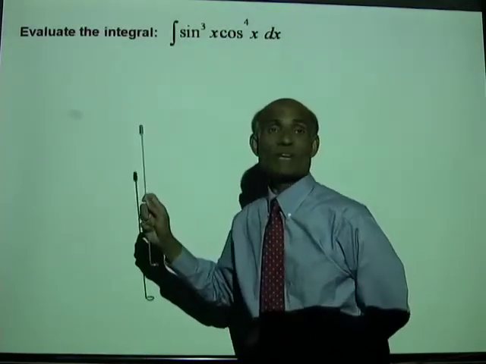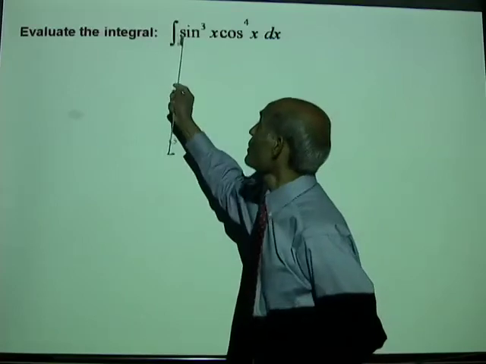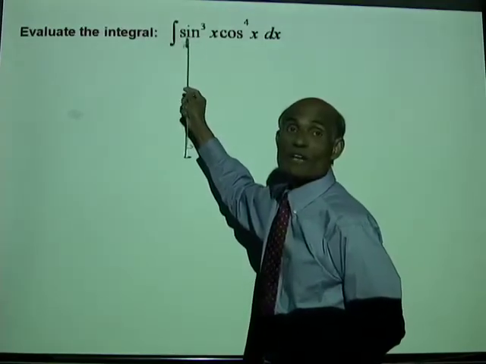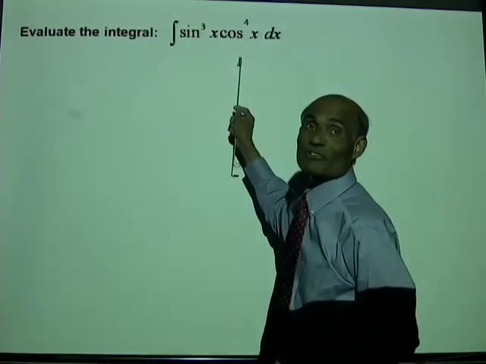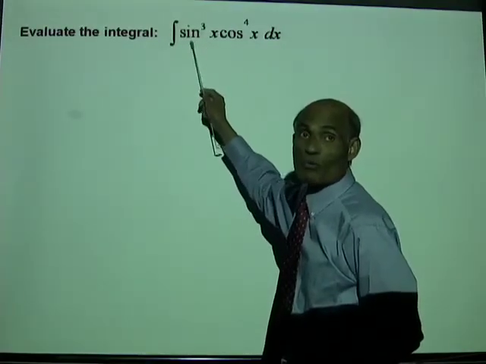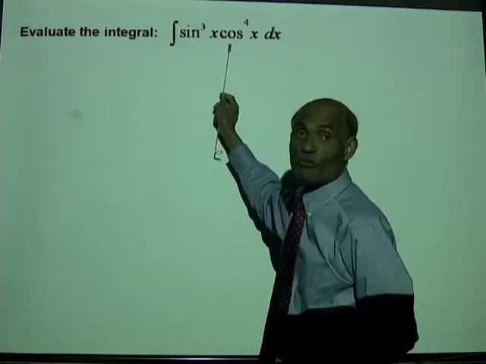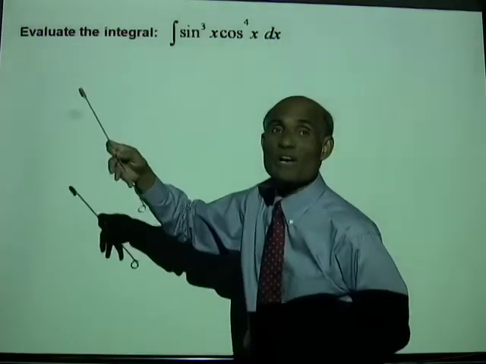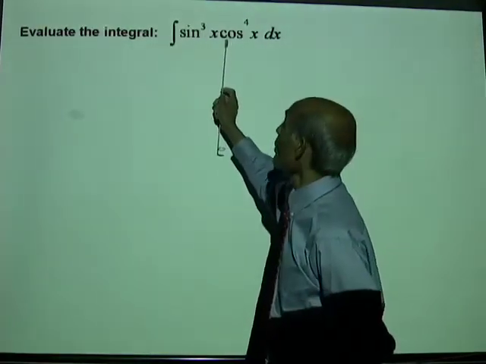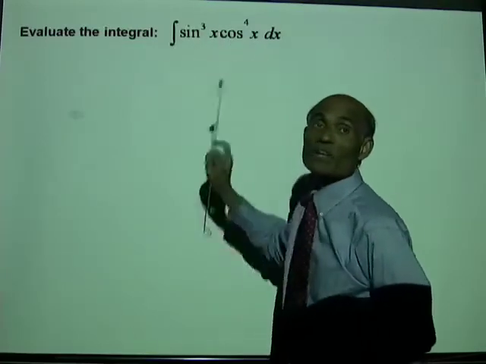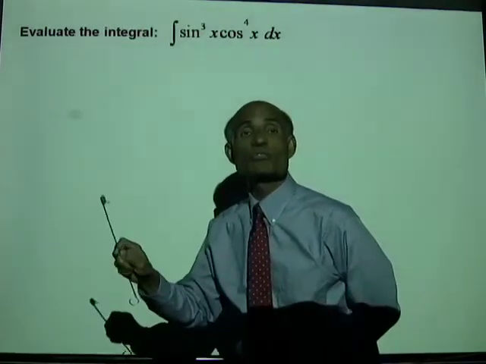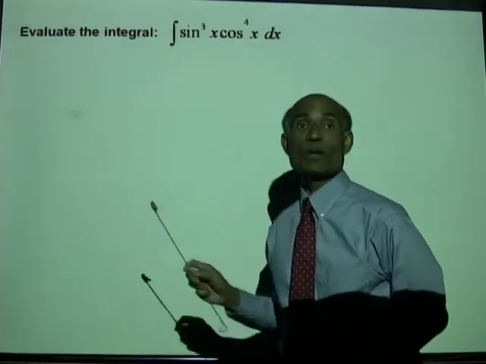We will do that over here. That means this sine cube x can be written as sine squared x times sine x. So when cos to the power of 4x is written using sin x, we will have all these in terms of sin x, and then you need a cos x to integrate that.